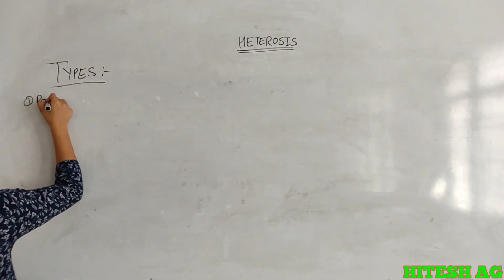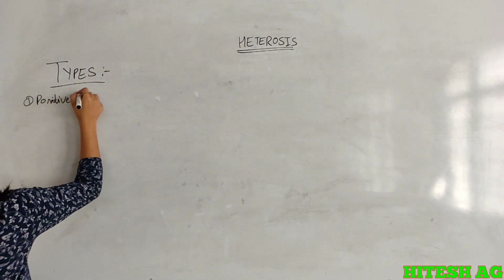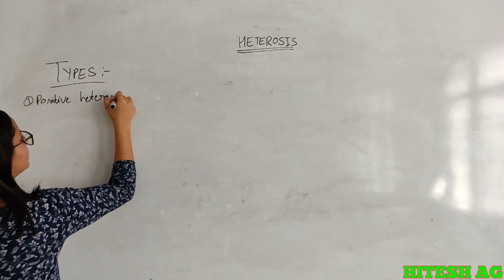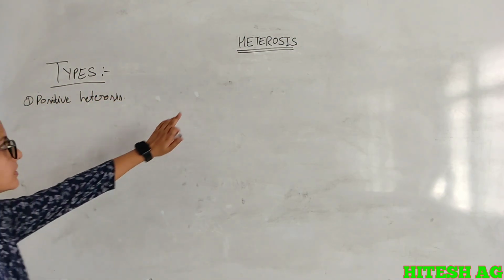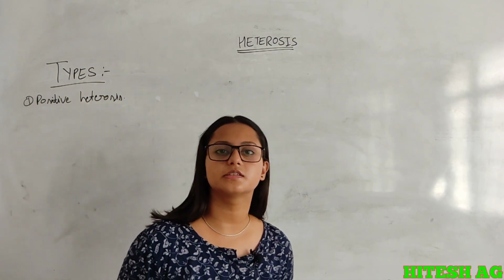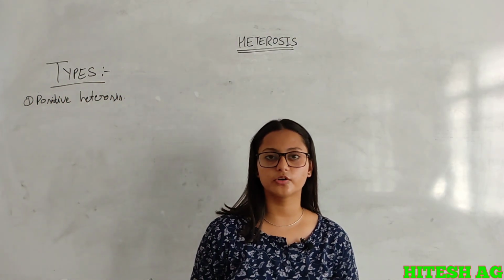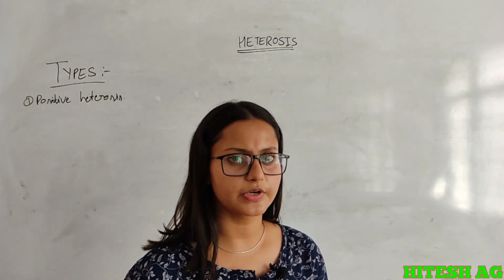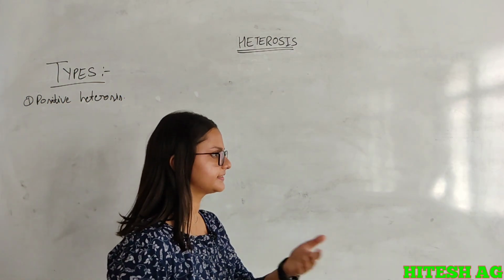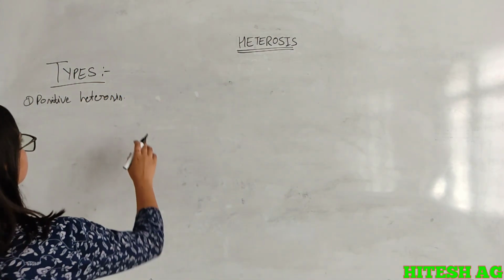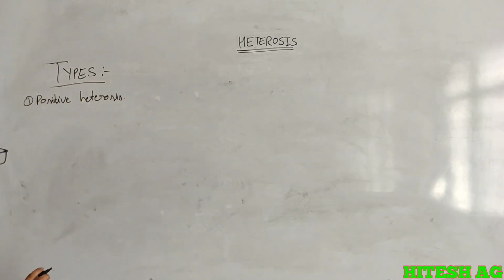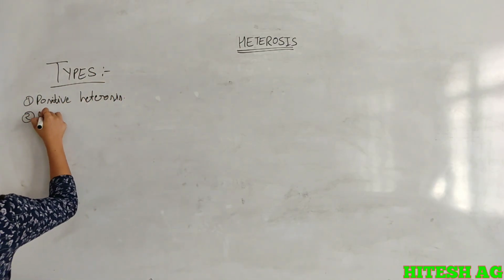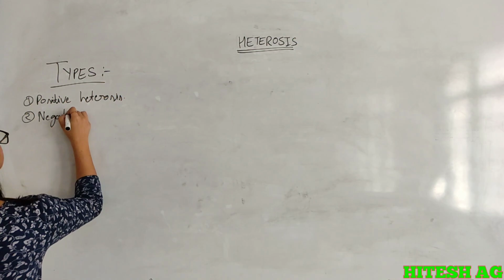First one is positive heterosis, the same as I told you in its definition, that it is the increase of F1 hybrid over its parents in maturity, adaptation, yield, quality, or any character. In most of the cases positive heterosis is desirable, but next one, the negative heterosis.